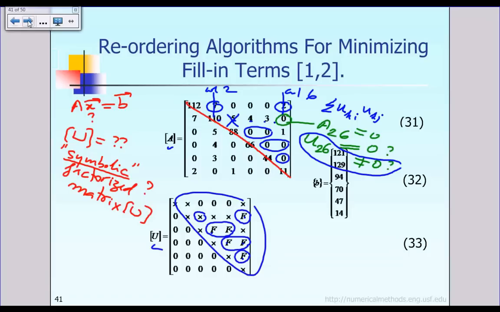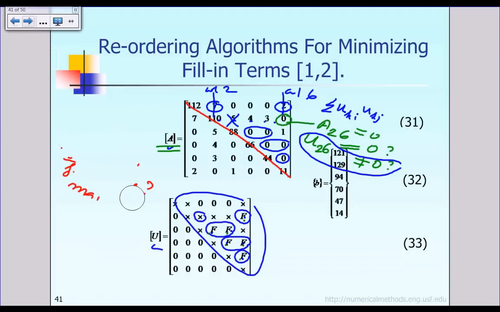So the idea here is, is there any way we can manipulate the given matrix A such that after you do the factorization, either symbolically or numerically, the number of fill-in terms will be reduced a lot? That's what we want. And the answer turned out to be, yes, there's a way to do that. Let me discuss that on the next slide, okay?